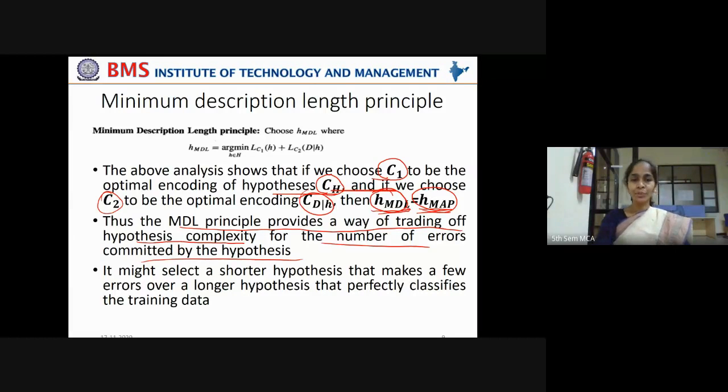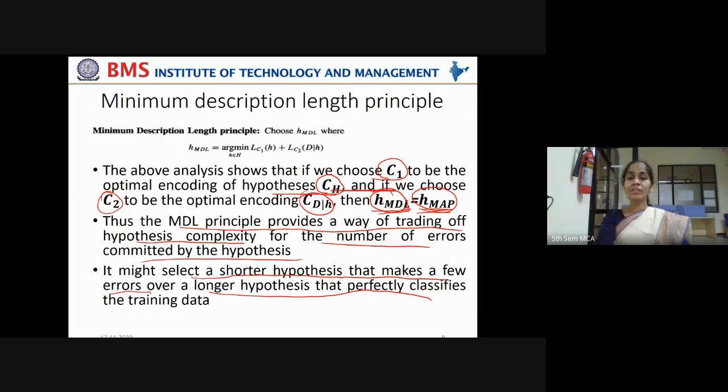Right? So see the last point, it might select a shorter hypothesis that makes a few errors over a longer hypothesis that perfectly classifies the training data. Though a longer hypothesis perfectly classifies training data or predicts something perfectly, that is not preferred, because it results in overfitting. It can't generalize well with unseen data.